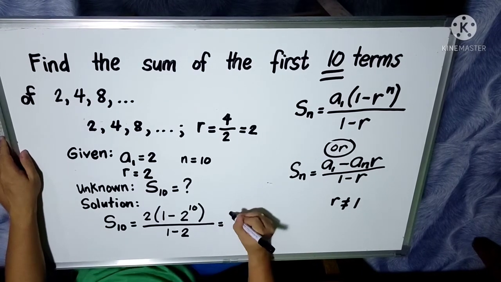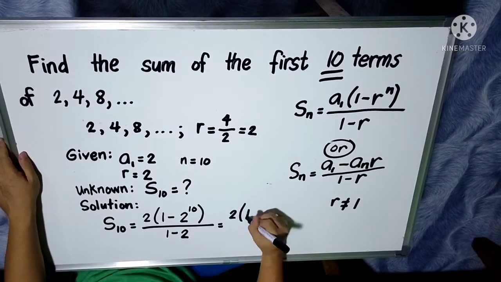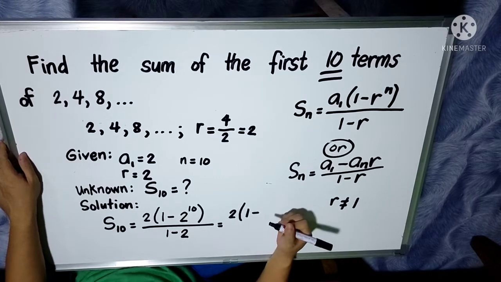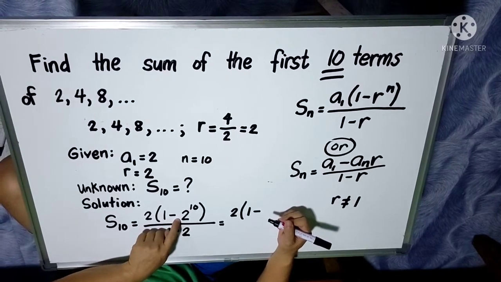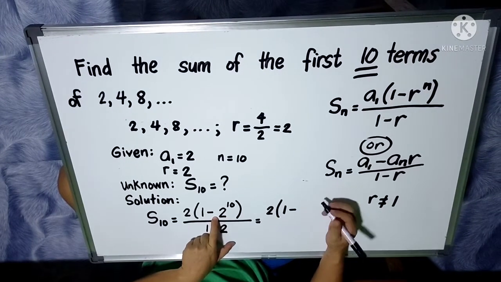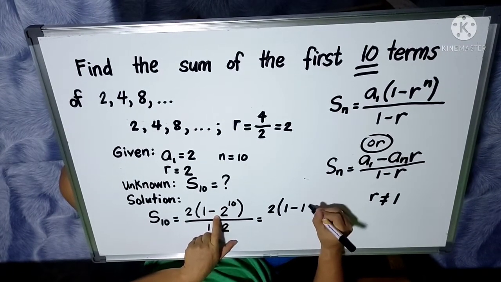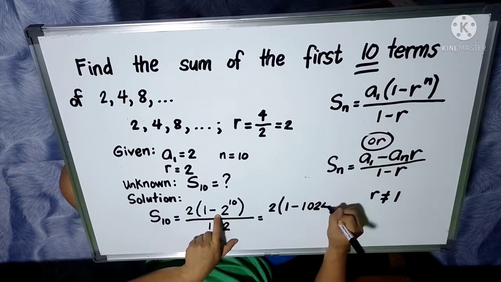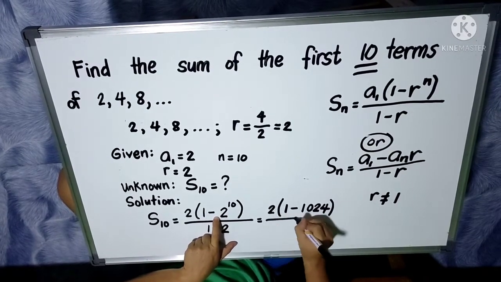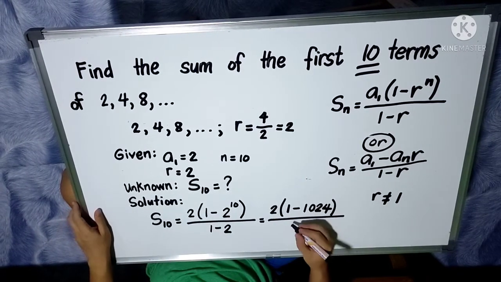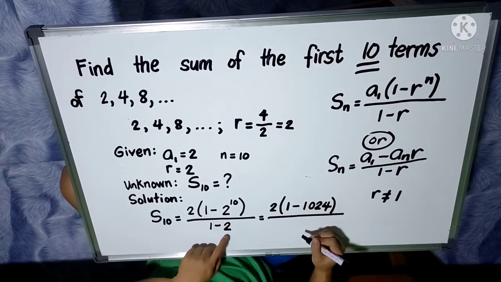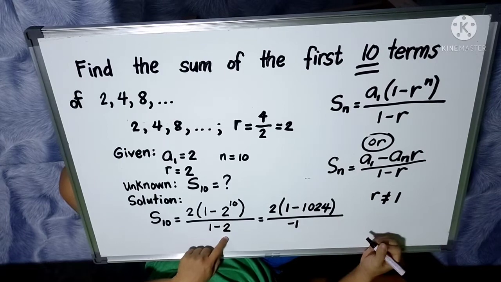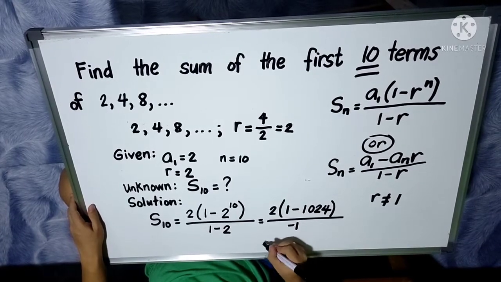This becomes 2 times 1 minus, you have to multiply 2 by itself 10 times, and that is equivalent to 1024. So you will have 2 times the quantity of 1 minus 1024 all over 1 minus 2, which is negative 1. So let us simplify this.